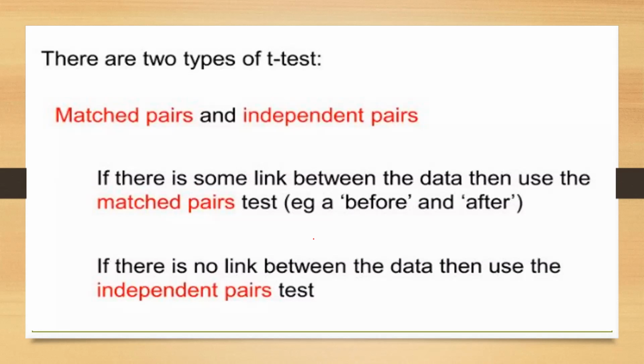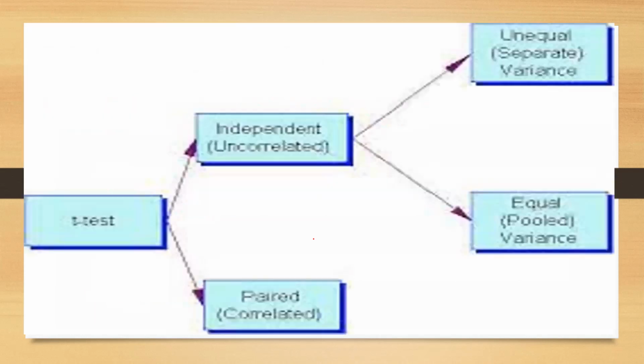Now, for our matched and independent samples, there's another clause you need to be familiar with. We said we can have independent, we can have dependent. Now, for the independent, there are two possibilities you should bear in mind. There's what you call unequal variance and equal variance.